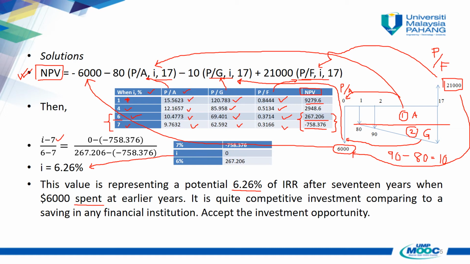For me, it is quite a competitive investment compared to saving in any financial institution, because a financial institution can give you maybe around 4%, except for investment opportunities.